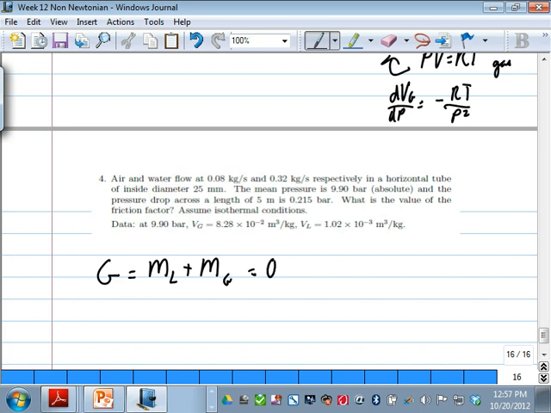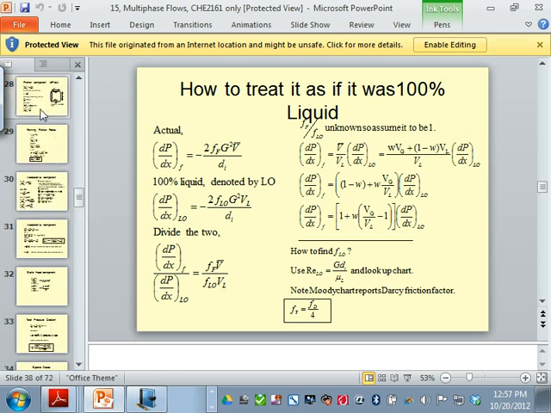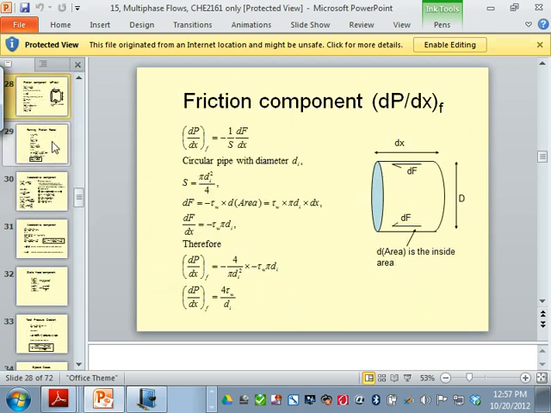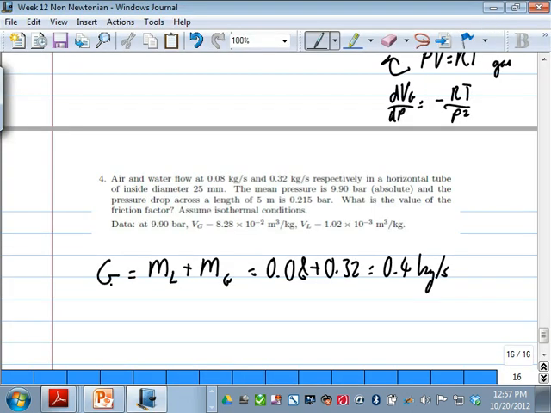So that is 0.08 plus 0.32 is 0.4 kilograms per second. Is that okay? G is the total, isn't it? Sorry, G is M over S.